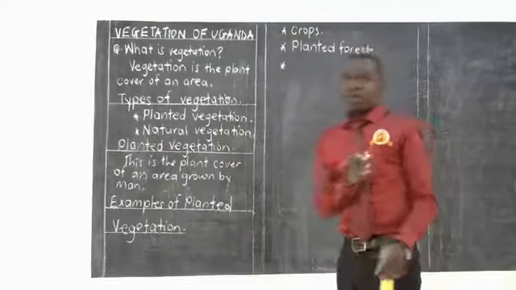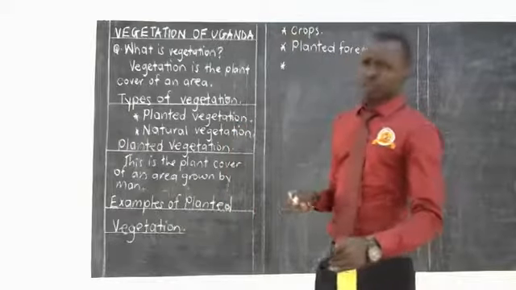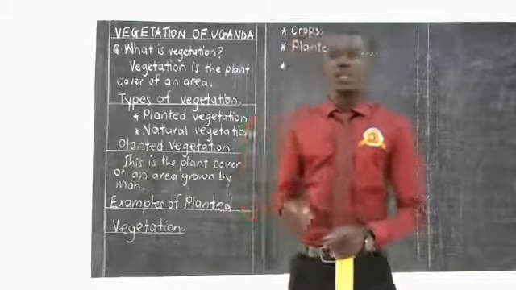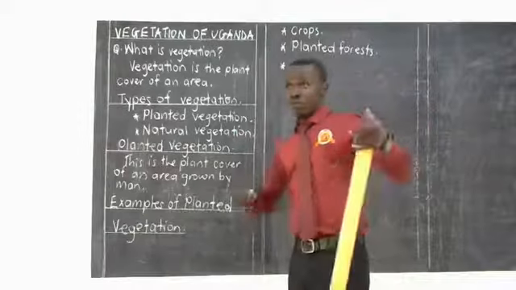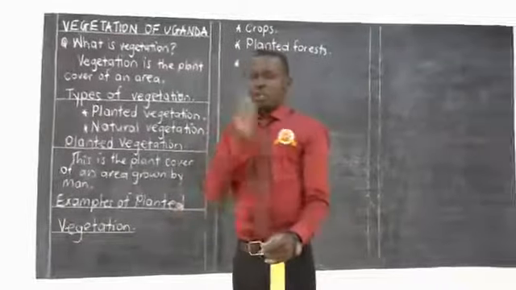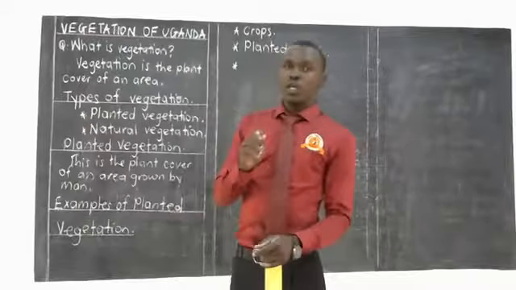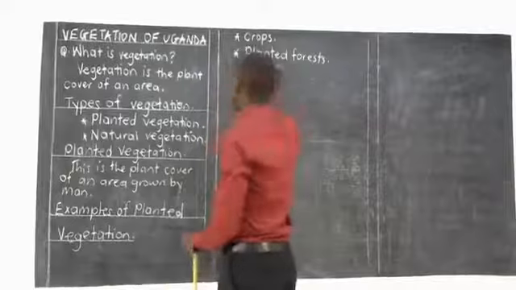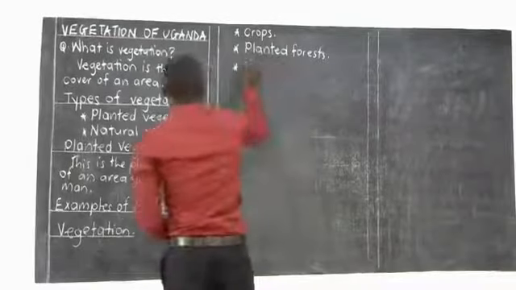Apart from beautifying the compound, people also plant grass to control dust. You can imagine how dusty your compound will be on a sunny and windy day. But with grass planted on the compound, you are not going to experience too much dust. So one of the planted vegetation is planted grass.